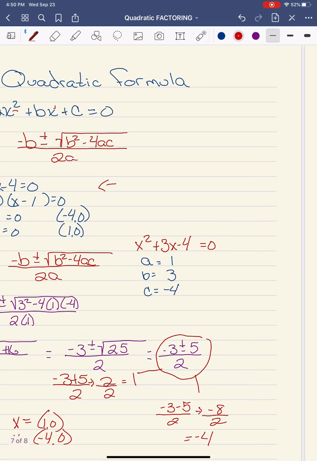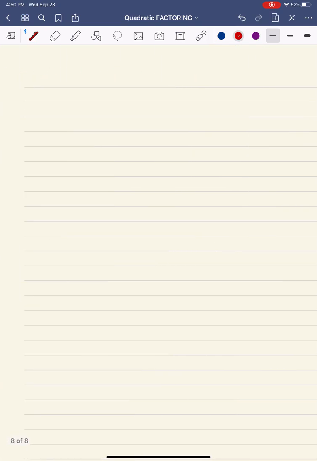Let's do one that's a little bit more difficult, at a higher level. So we have 2x squared minus 4x minus 3 equals 0. Now, I just don't feel like factoring these, so I want to use my quadratic formula. The first thing I'm going to do is write my quadratic formula.